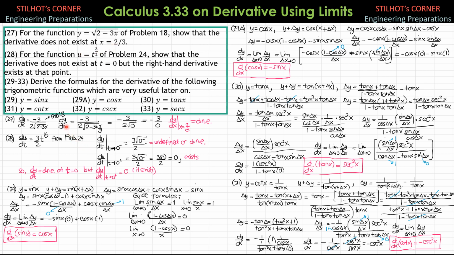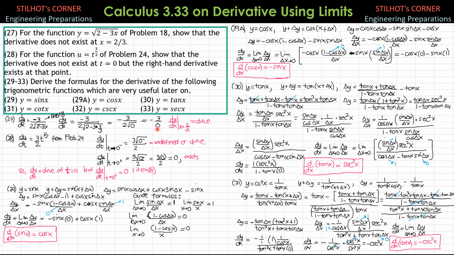So we substitute the value of x: negative 3 over 2 square root of 2 minus 3 times 2/3. Take note that 3 times 2/3 is 2, so 2 minus 2 is 0. This becomes negative 3 over 2 square root of 0. But square root of 0 is 0, and 2 times 0 is 0. Remember that in algebra, division by 0 is not defined.